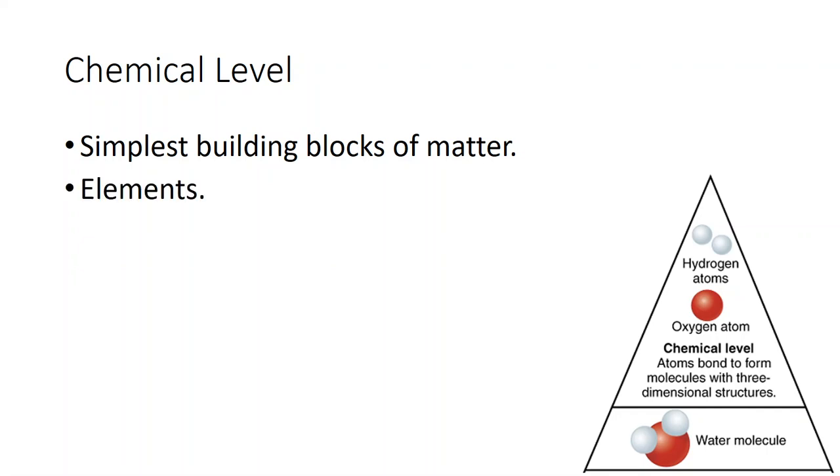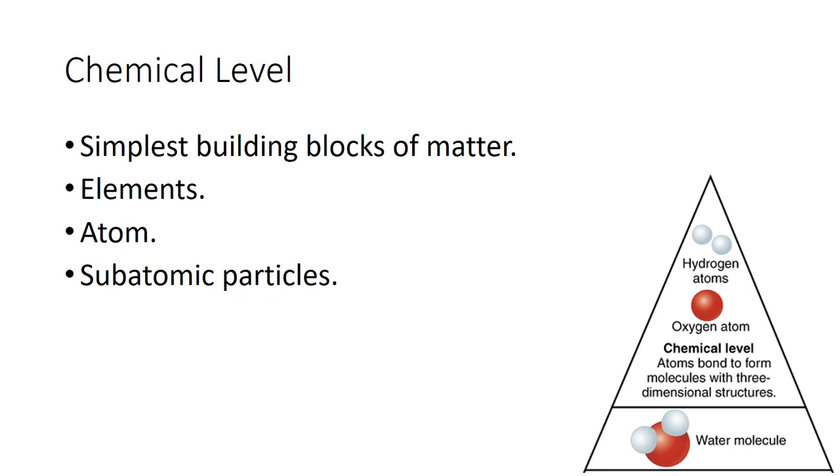Familiar examples of which are hydrogen, oxygen, carbon, nitrogen, calcium and iron. The smallest unit of any of these pure substances is an atom. Atoms are made up of subatomic particles such as the proton, electron and neutron.